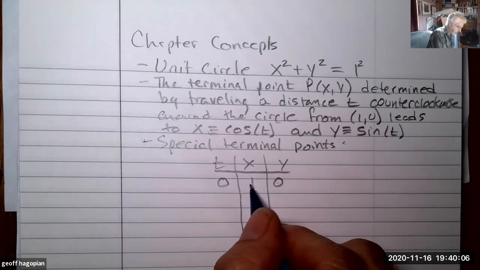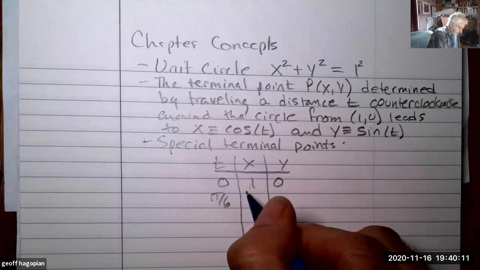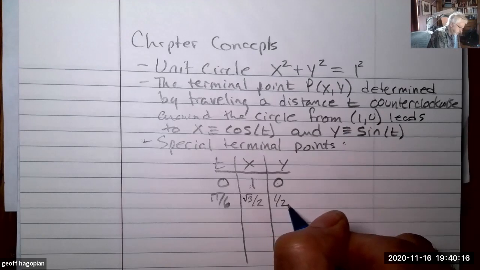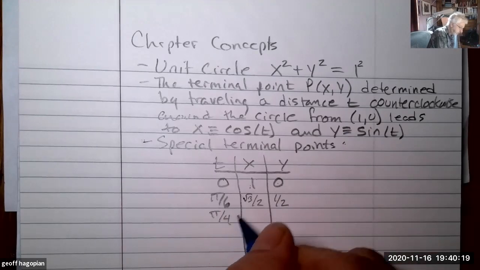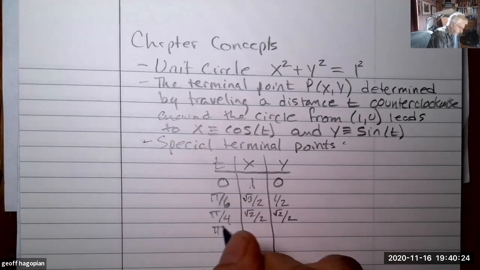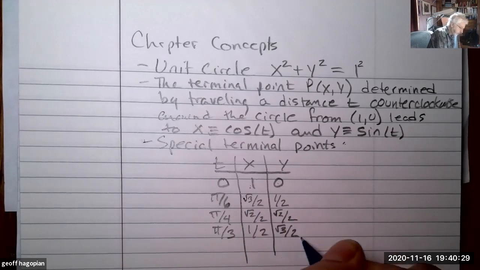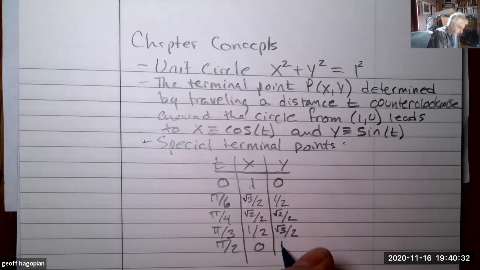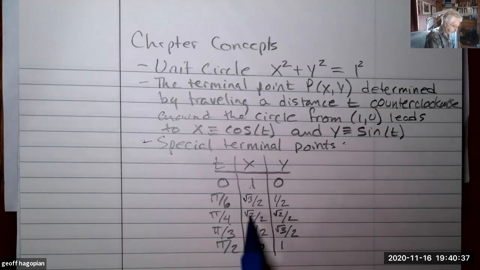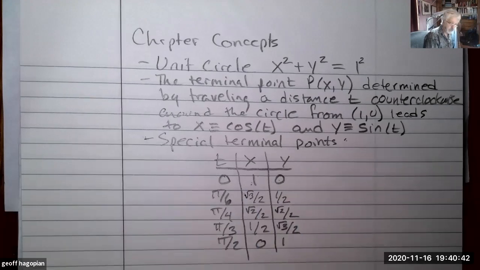Cosine is 1, sine is 0. If you go pi over 6, then x is reduced to square root of 3 over 2, and y is increased to 1/2. If you go pi over 4, then x and y are the same, square root of 2 over 2. At pi over 3, x is 1/2, and y is square root of 3 over 2. And if you go to pi over 2, then you're at 0, 1, right? And these repeat in the other 4 quadrants with the appropriate sign for both x and y, right?